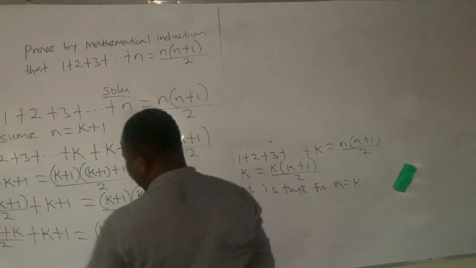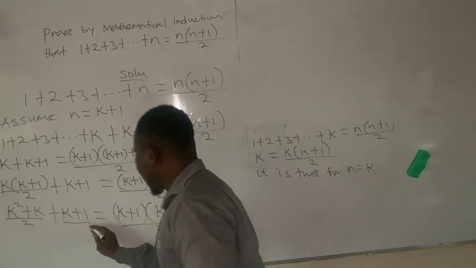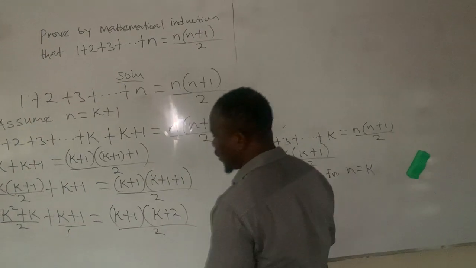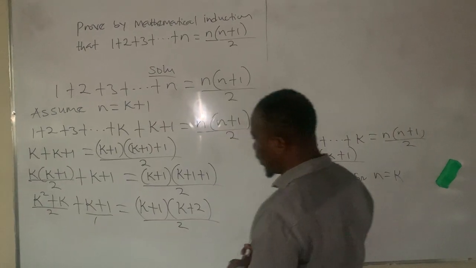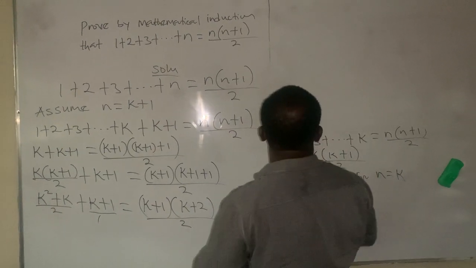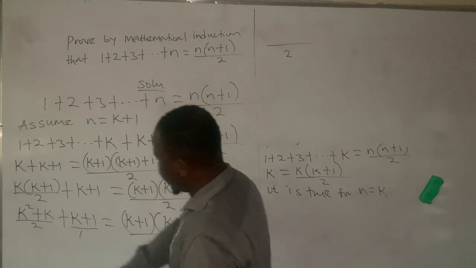Let us look for the LCM of this left hand side. Note that this is 1 here. The LCM of 2 and 1 is 2. So let's write 2. 2 into 2 is 1.